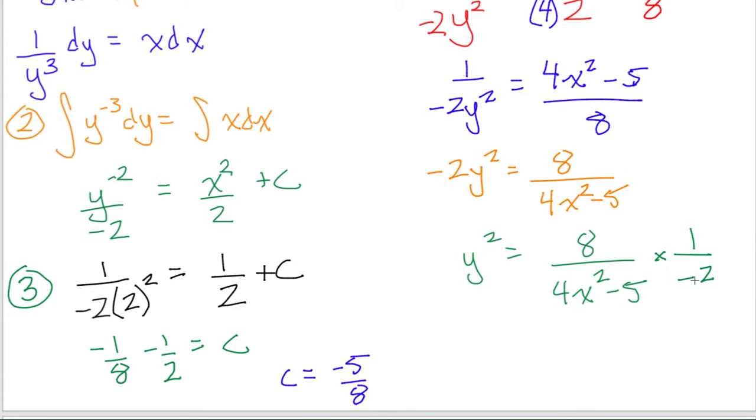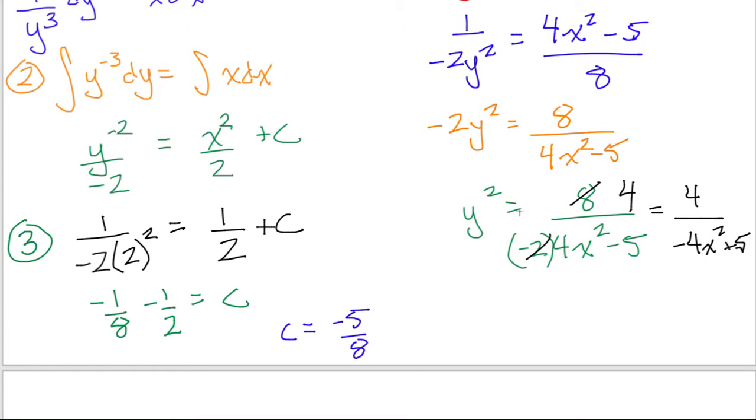No, -2 is on the bottom first. If I'm dividing both sides by -2, I'm dividing this side by -2. Oh, okay. So the -2 does go on the bottom. So -2 is on the bottom now, after keep it, change it, flip it. This 2 and this 8 make this a 4, and this negative is being distributed into the bottom. So I now have 4 over -4x squared plus 5. Okay.